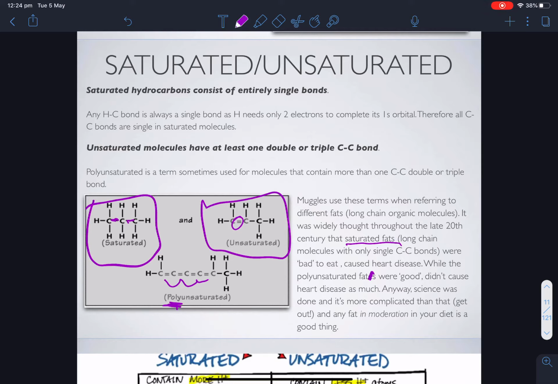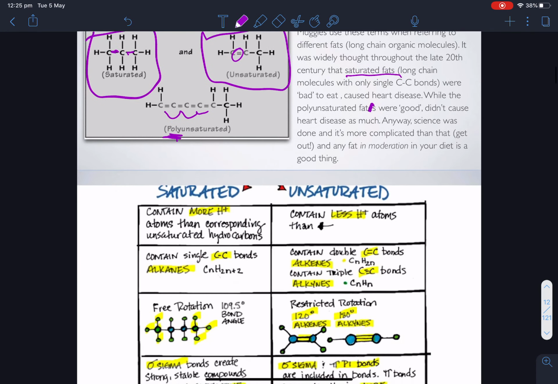Anyway, 40 years of science is happening, and it's more complicated than that, but this idea about saturated fat has gone out of fashion, and it's not true, and really just eat in moderation, guys. But that's where you hear the term. Some people are still using it, as if polyunsaturated was good and saturated fats were all bad. The ideas still stick around with muggles. So that's where you may have come across it.